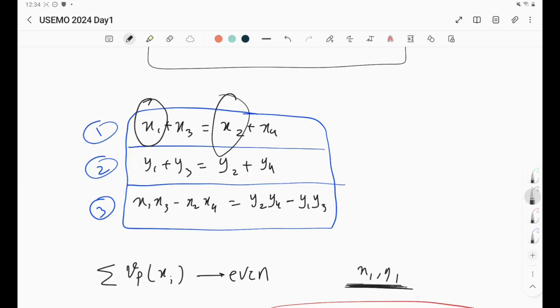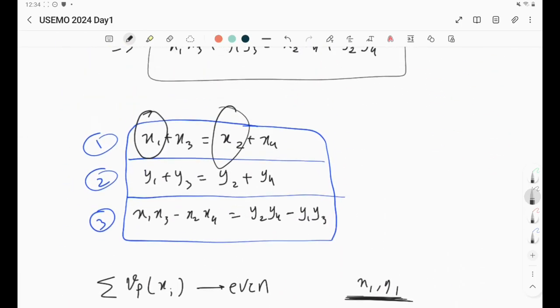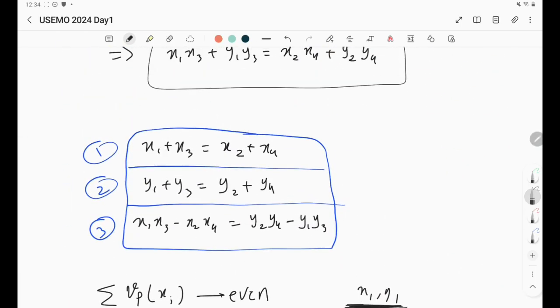Okay, how exactly can we try to discuss this case? We cannot immediately kill it using the fourth one, because we just have two numbers here. Okay, let's try just to move stuff, isolate them. So we have x1 and x2 is equal to x4 minus x3. We know that this has p to the m, and this thing has p to the m as well.